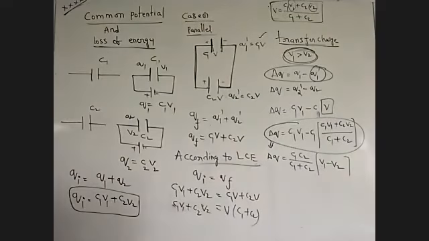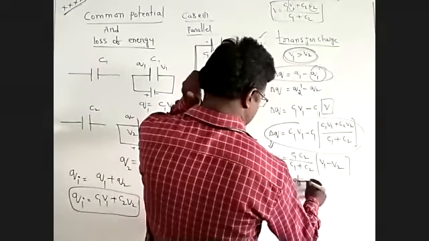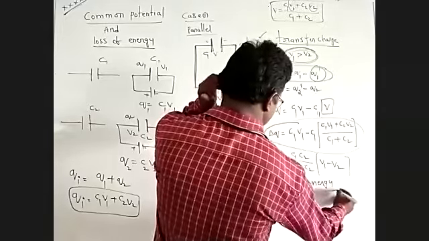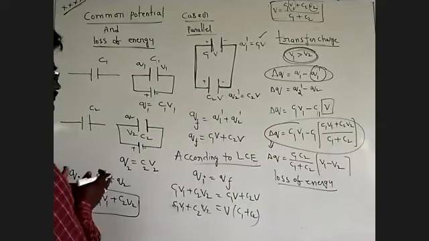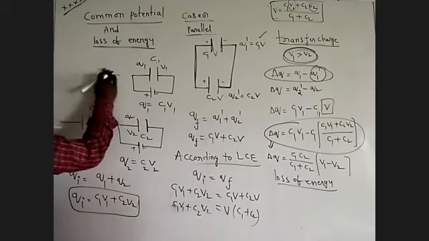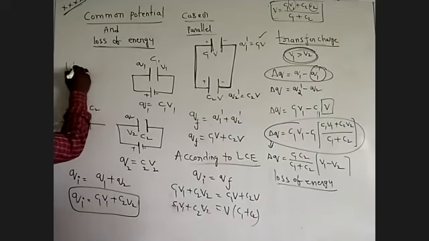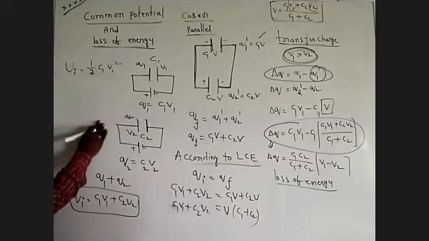Next, loss of energy. What is the formula for the initial energy? For the C1 capacitor, the initial energy is half C1 V1 square.